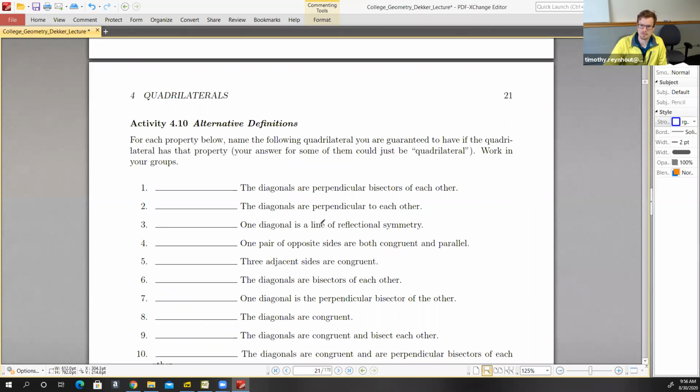So there's a couple of options here. Really, if we have this particular property, what are we guaranteed to have? Well, we could find perpendicular bisectors on a lot of them, but we're not necessarily guaranteed to have any. So all that we're guaranteed is to have a quadrilateral.